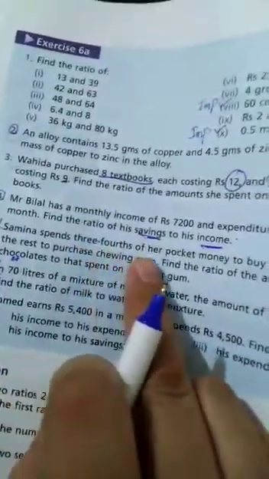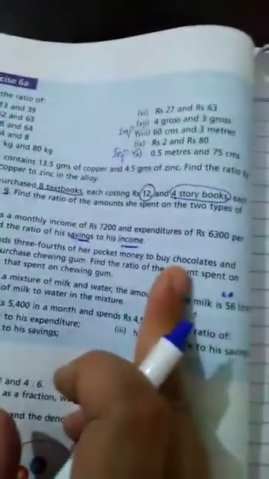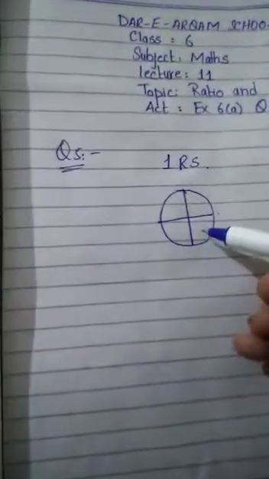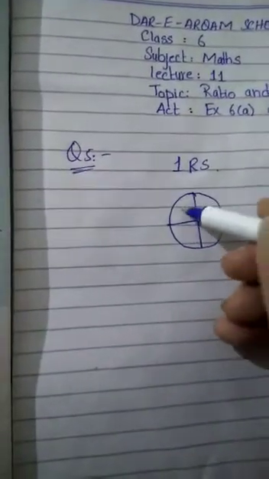So they are saying 3/4 of her money is used to buy chocolates. Count the number of blocks in the circle: 1, 2, 3, 4.